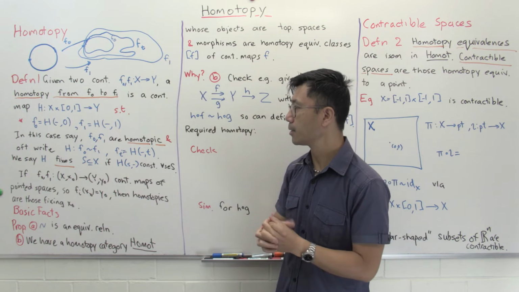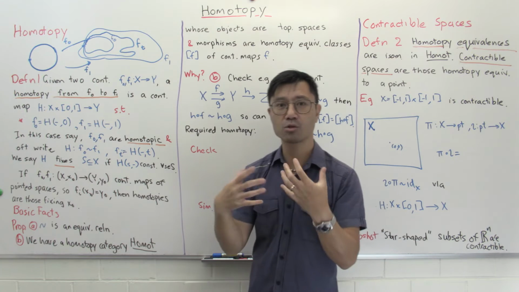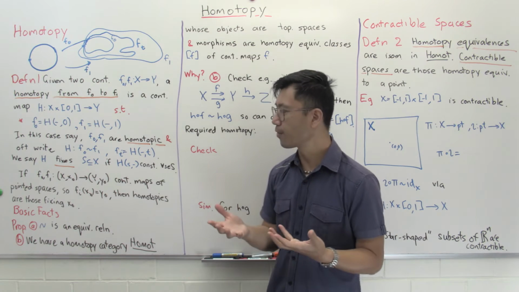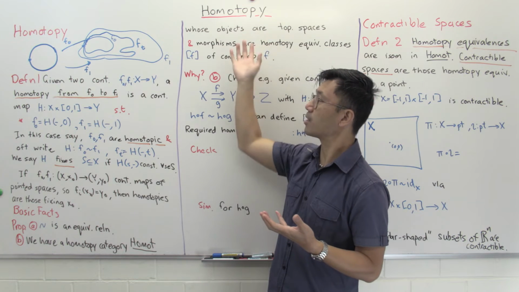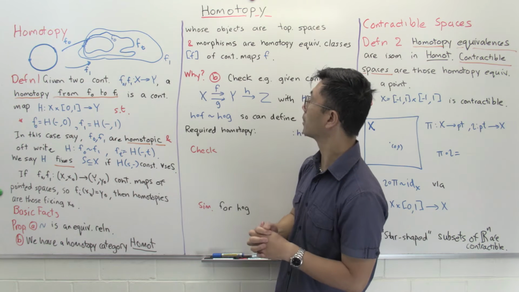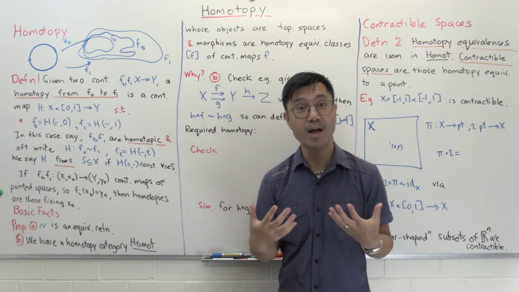A part of the reason why we want to introduce this is that when you look at algebraic invariants, they can't distinguish a lot of things, and some of the information that is lost is where you have homotopic maps. So there are two very important facts.